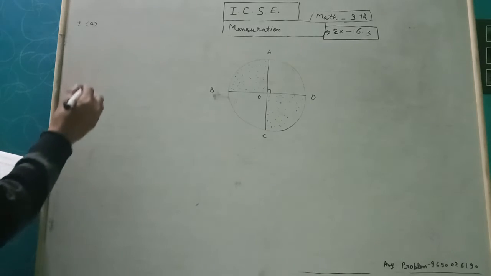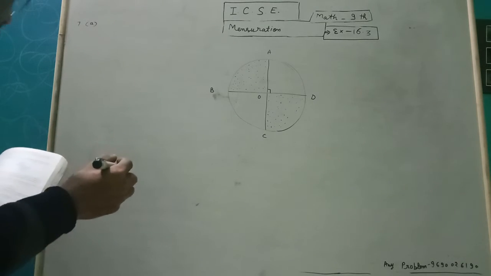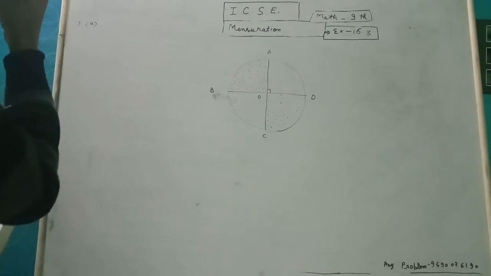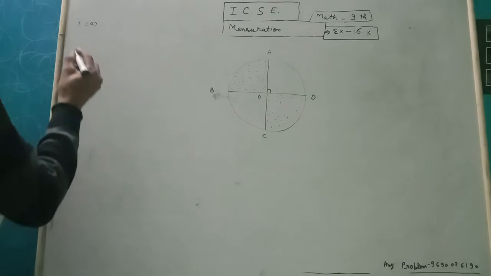Find AC, meaning the diameter. At first, find the radius.